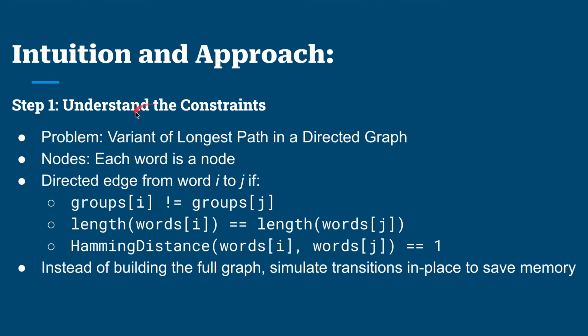First of all, we should understand the constraints we have been given. This is a variation of the longest path in a directed graph problem, with specific constraints between the nodes.